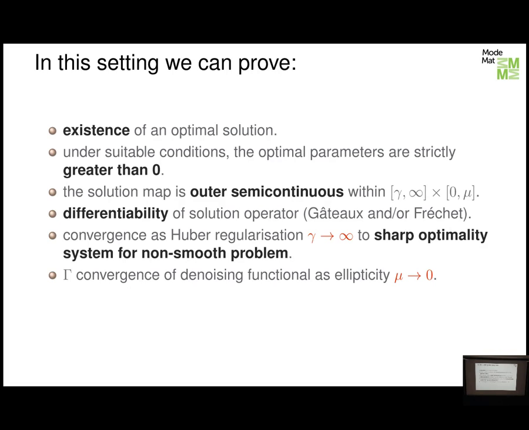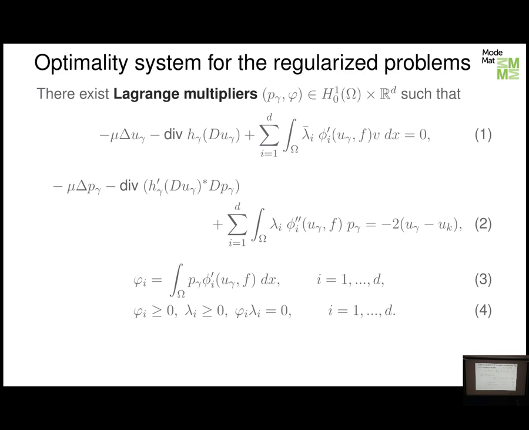We proved also some outer semi-continuity of the solution map, the differentiability of the regularized solution operator, some convergence, when gamma goes to infinity, to a sharp optimality system for the non-smooth problem, and also some gamma convergence of the denoising functional as ellipticity goes to 0. Now, this gives us a consistent scheme for the approximation of the problem, and this is how the optimality system looks like for the regularized problem.